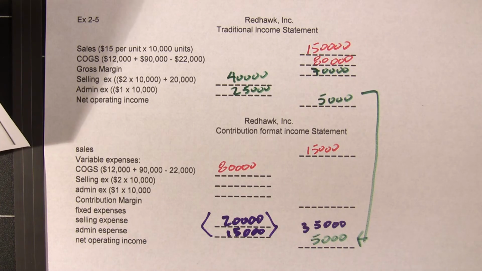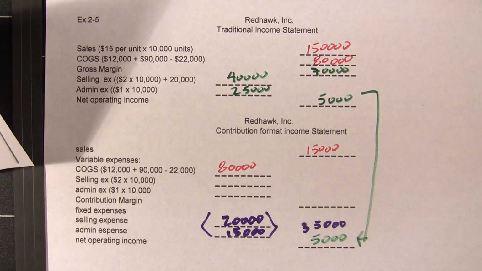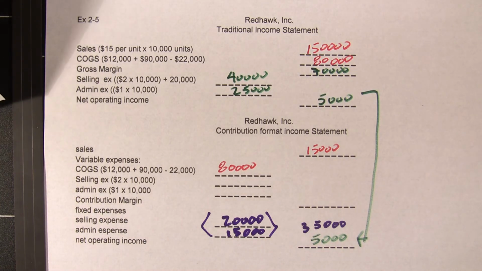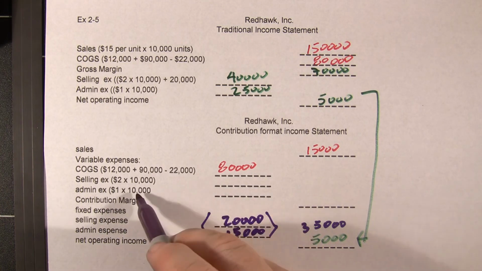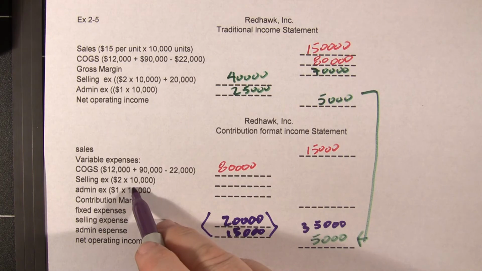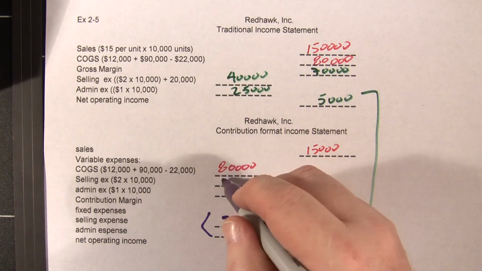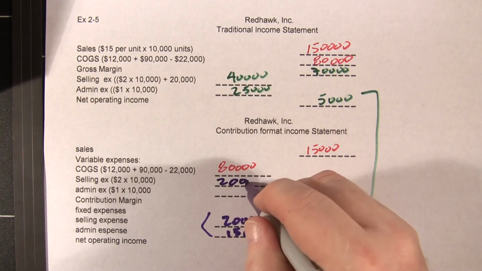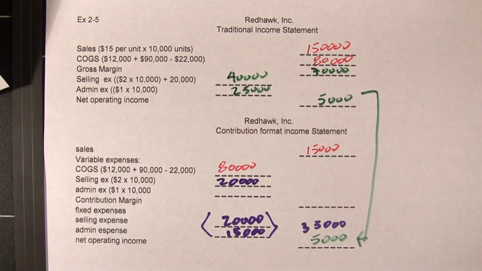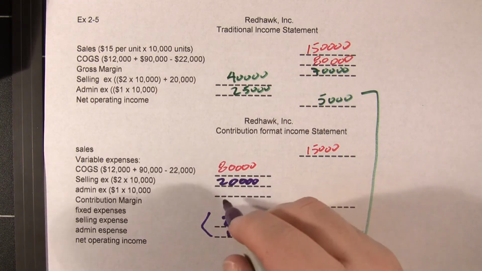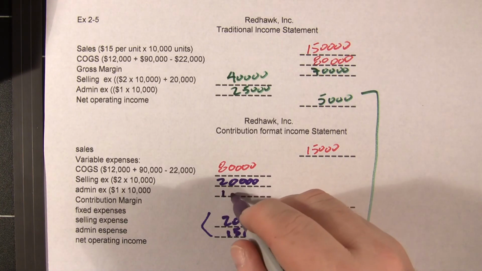We're now going to take a look at our selling expense and our administrative expense, and we're going to look at the variable portion of those. Well, the selling expense, we're told, is a variable selling expense of $2 per unit, 10,000 units, that's $20,000. And our administrative is 10,000 units times $1, that's 10,000.